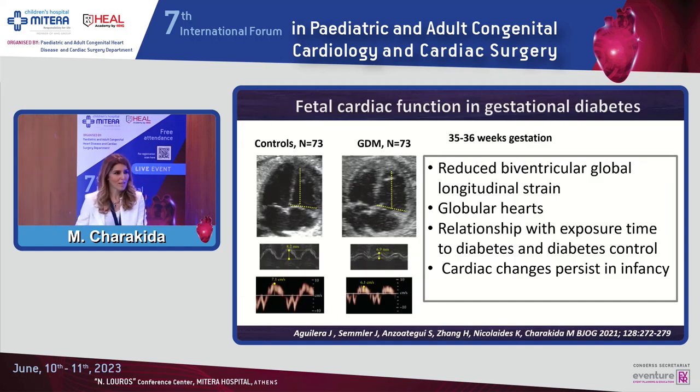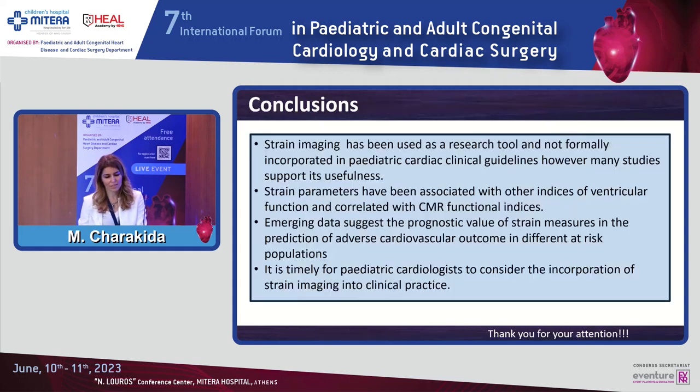And there are other applications in pregnancy complications like gestational diabetes. Our group has demonstrated that these babies have reduced global longitudinal strain in fetal life. We have associated the exposure time to diabetes and diabetes control with our measurements, but we could also see that these changes and abnormalities track, improve, but exist during infancy.